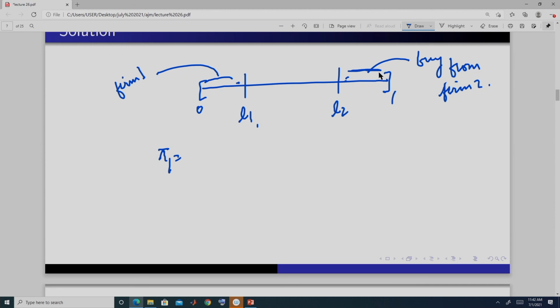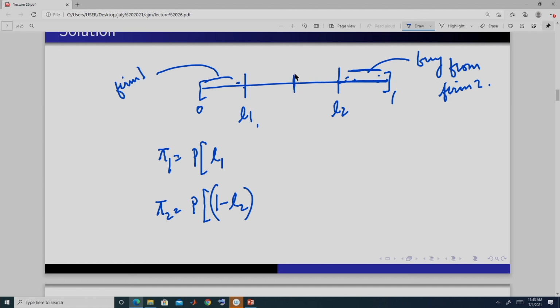Price is fixed and there is no cost, so firm 1 is going to get L1. Profit of firm 2, with price fixed, is going to be 1 minus L2, since the whole interval is 1 from 0 to 1. Firm 1 is also going to get some portion of the people located in the middle region.